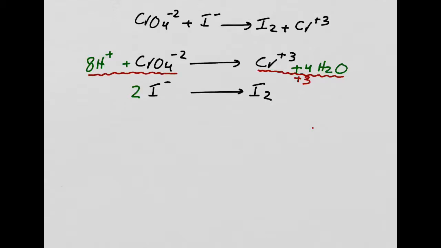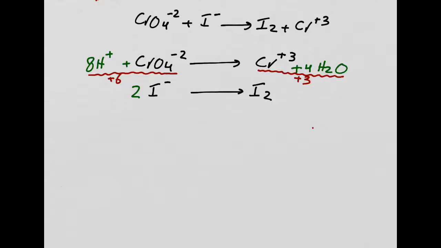On this side, do it with me, I have 8 pluses and 1 minus 2. So together it would be plus 6. Okay. Now, the charges don't match. What I have to do, I have to make sure these two match up.